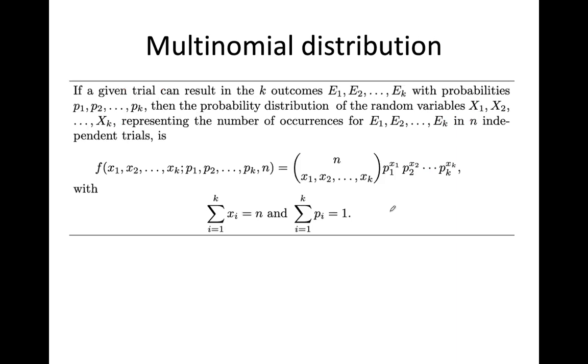So this is the probability for this multinomial case. What do you understand from here, arkadaşlar? Please read the text. And what is x1, x2, and p1, p2, and p3?